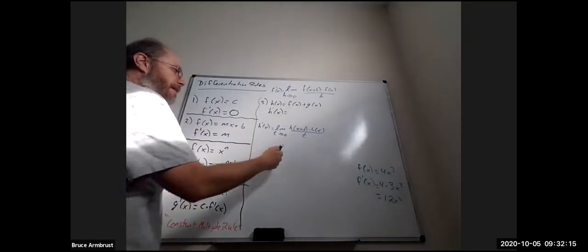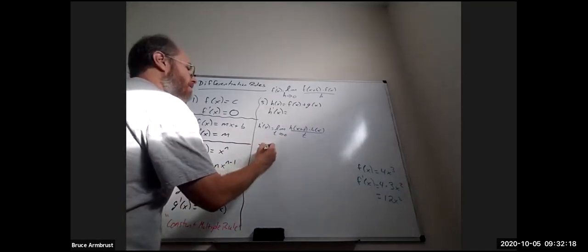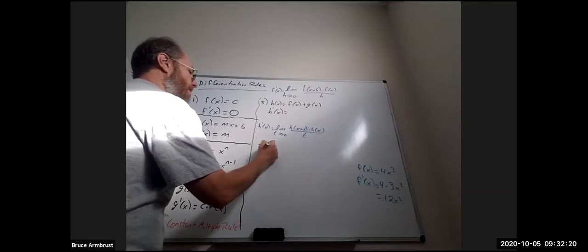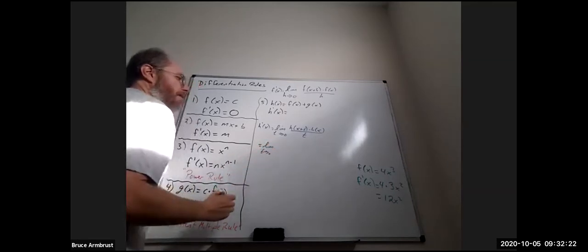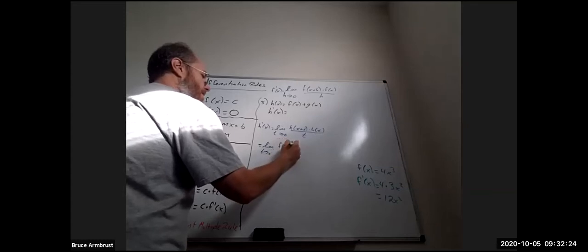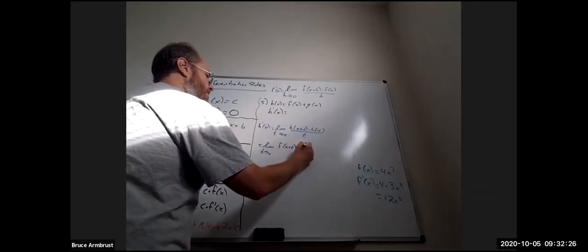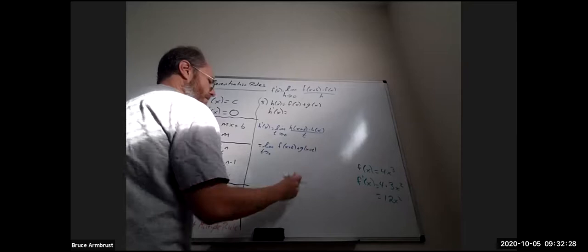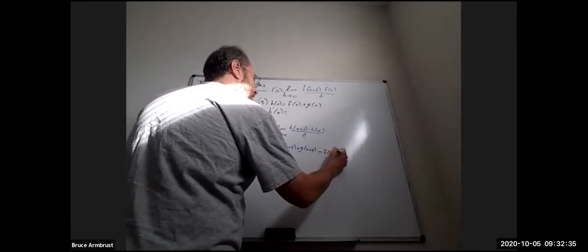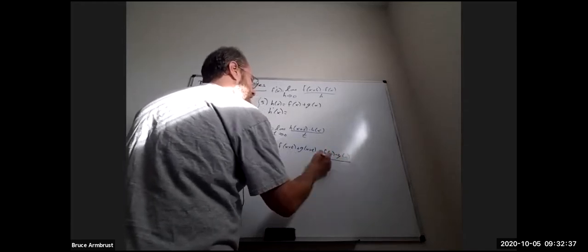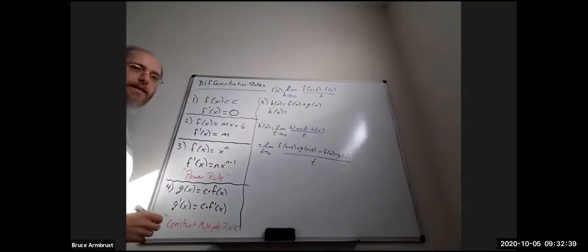So now let's see what happens here. So this is going to be the limit as t goes to 0 of f of x plus t plus g of x plus t minus f of x minus g of x, all over t.